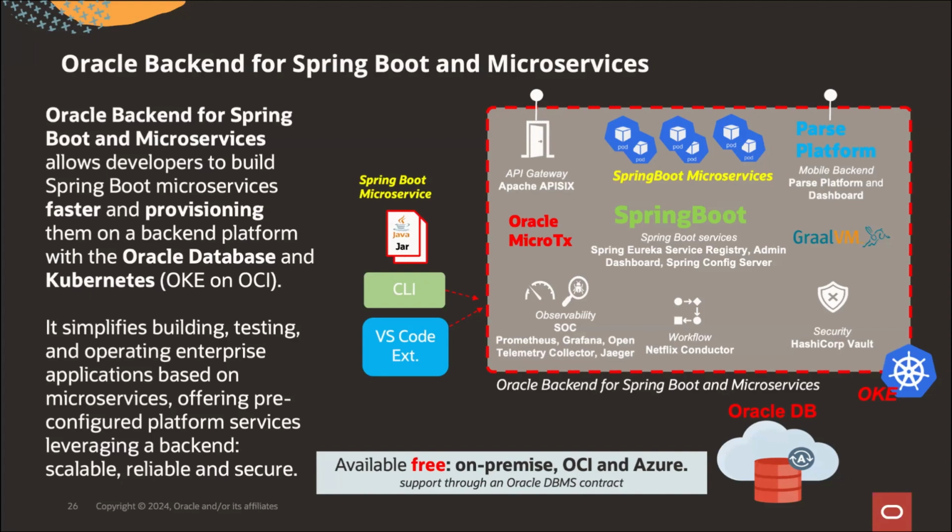Through this platform, you can run Spring Boot applications leveraging a managed environment, and you can have this platform ready in a few minutes, for example, on OCI, through the marketplace, in which we can find the Oracle Backend for Spring Boot as a deployment through Terraform.